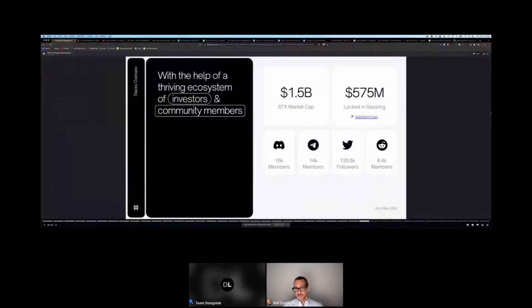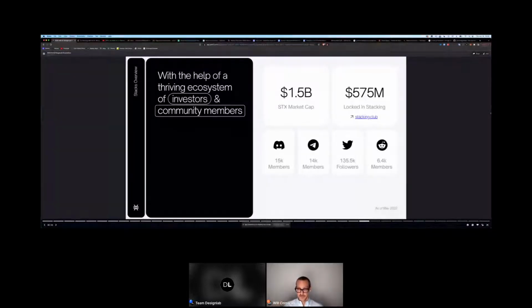So right now, just to give you an understanding of where we're at as a community, give or take the day, there's a market cap of 1.5 billion. And I think the really brag-worthy stat is not so much the market cap of Stacks, but the fact that one third of the market cap is locked in stacking.